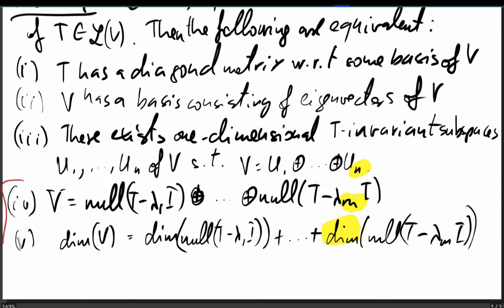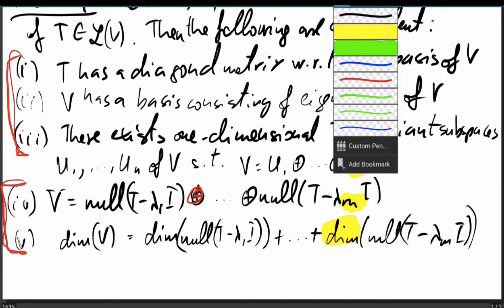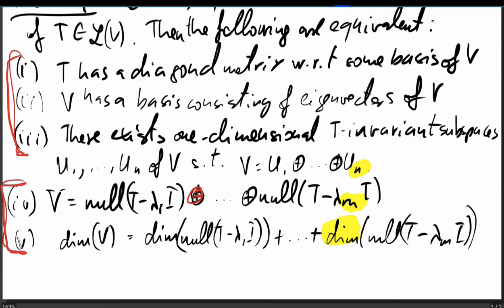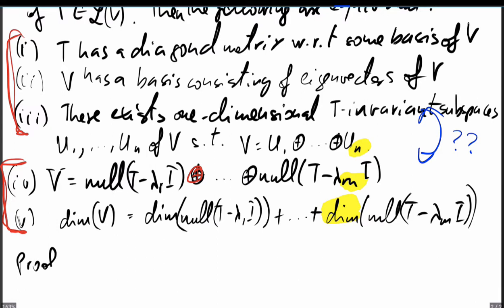So what we have here is that this set is kind of trivial, how the direct sums work, and also this set of three statements we looked at before. What is maybe new here is how to go between these two sets. So in the proof we just show the equivalence of 2 and 4.